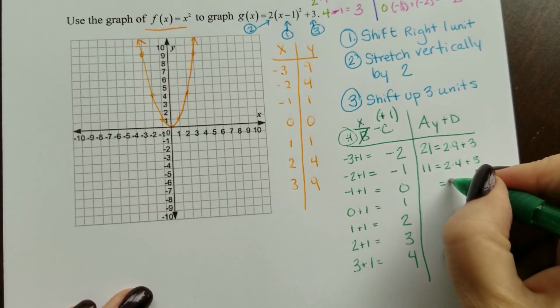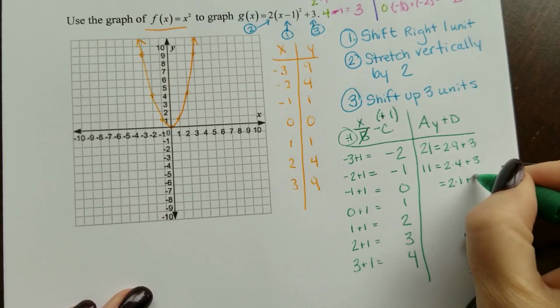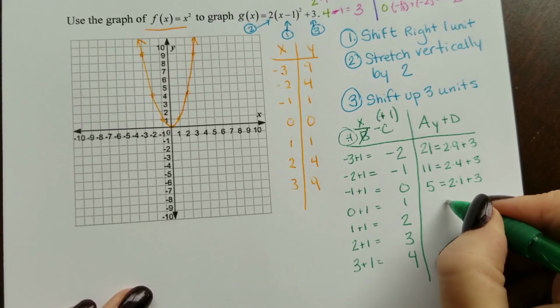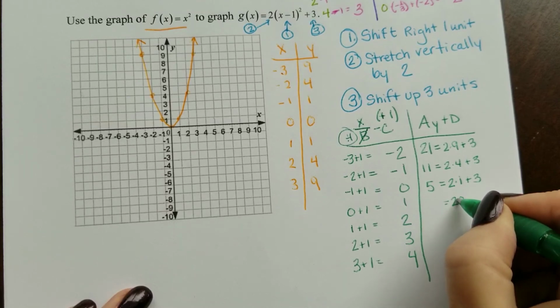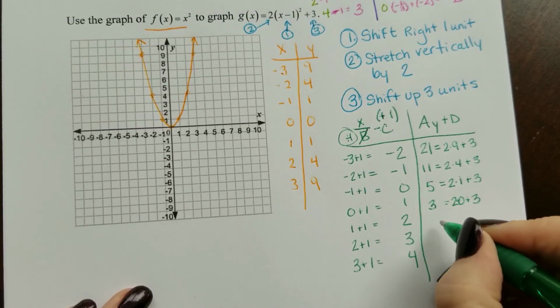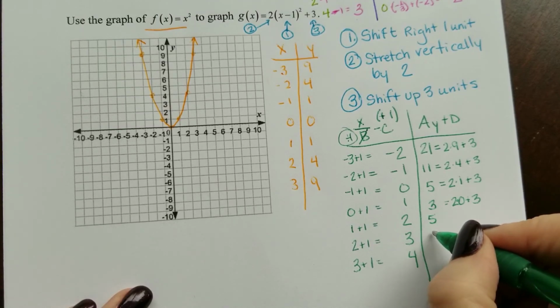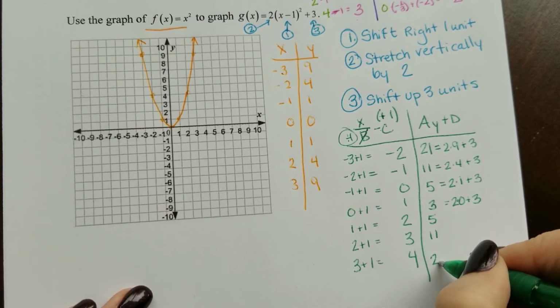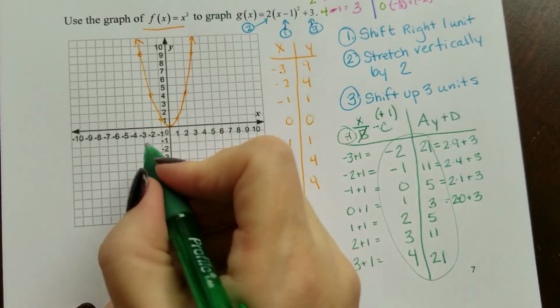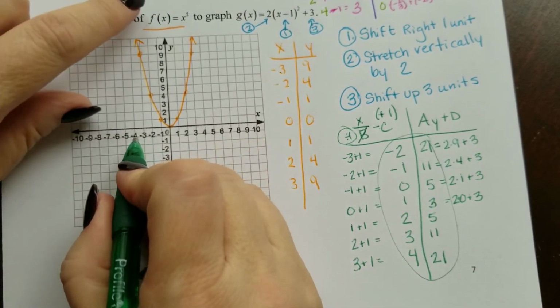And 2 times 1 plus 3 is 5. And 2 times 0 plus 3 is 3. And then we do the same, 5, 11, 21. So these are going to be our key points if we can put those on the graph, but -2, 21 is off my graph.